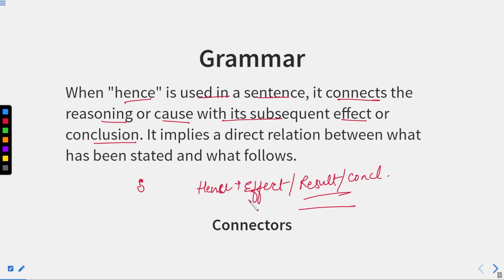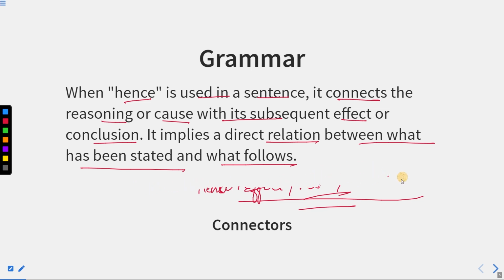So after hence, we write the effect or the result or the conclusion of something. It implies a direct relation between what has been stated and what follows. So whatever has been stated and what follows is generally introduced by the word hence or connected by the word hence, because these two statements are always connected with the connector, which is hence.